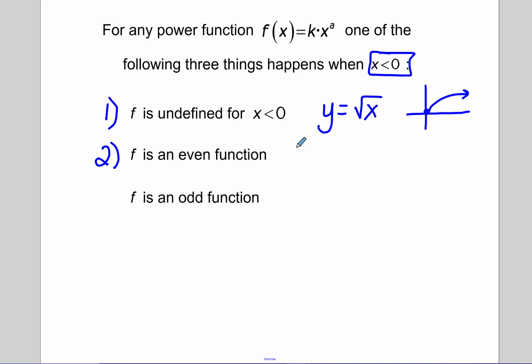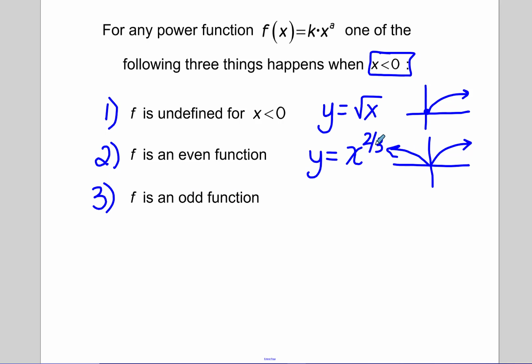A function can be an even function, say y equals x to the 2/3 power, and that graph looks like kind of a bird flying in the air, x to the 2/3 power. So I do have negative values of x in this case. Or we could have an odd function like x to the 7/3 power. And the 7/3 power kind of looks like a cubic function.